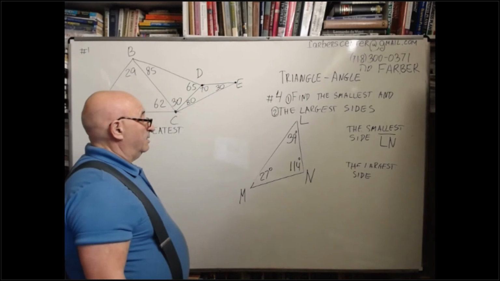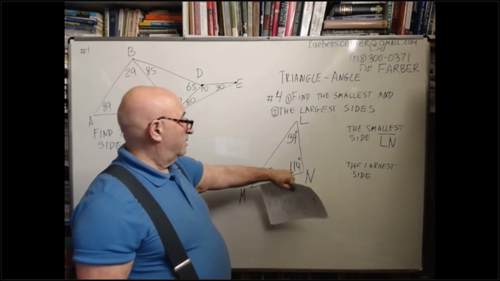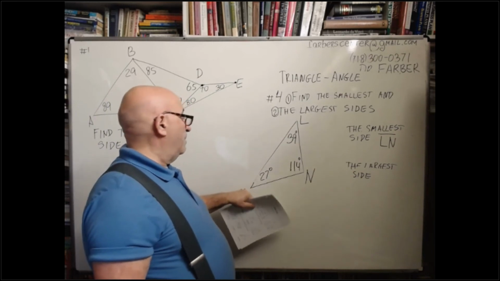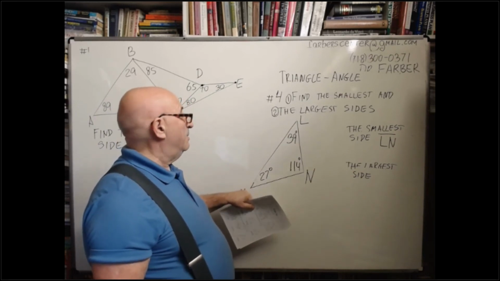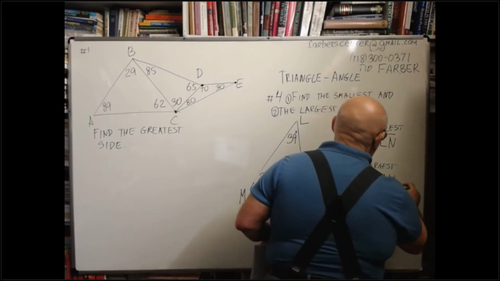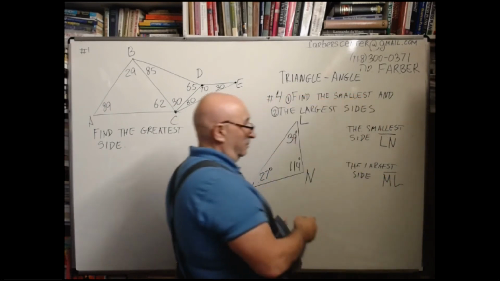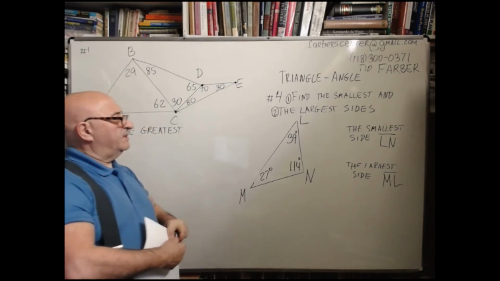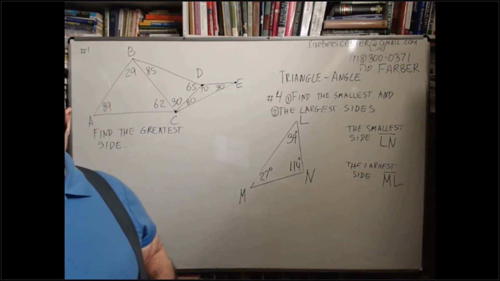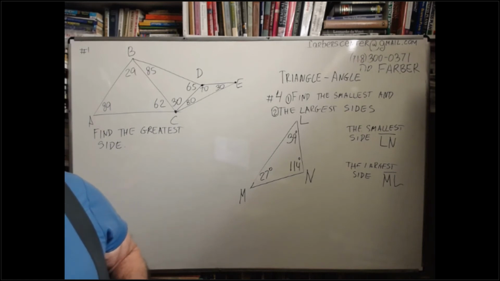The larger side, since angle N is the greatest, is side LM or ML, which is the same. ML is the greatest. Who understands this 100%? Okay, good, good.